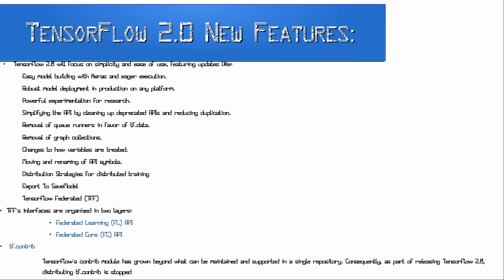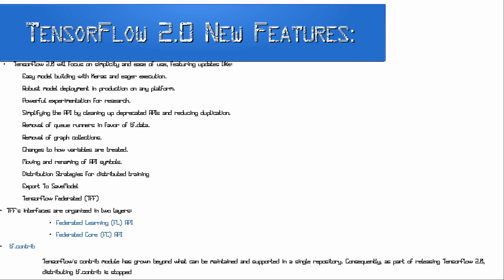Now to the last slide, we'll touch upon the TensorFlow 2.0 new features. TensorFlow 2.0 has made a lot of news recently, so I'll not be exploring much on this because it's in the alpha state.